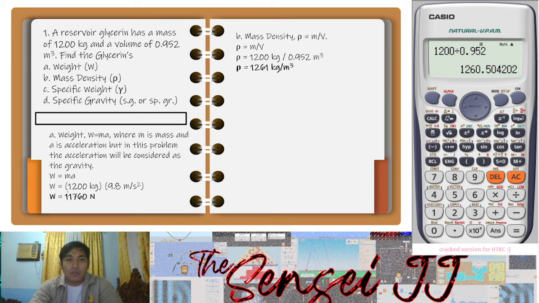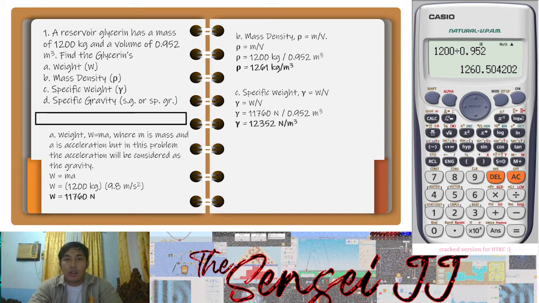We have to solve for our specific weight. Specific weight is weight over volume. So we have weight, we can use the weight na, which is 11,760 newtons, divided by 0.952.